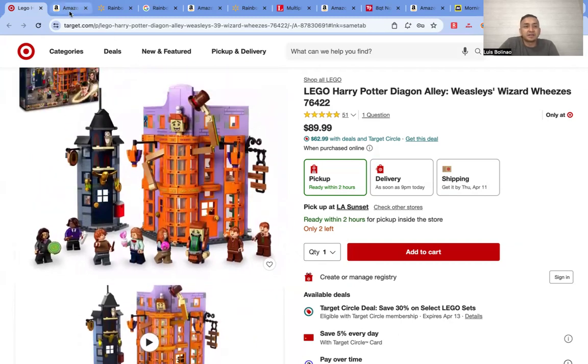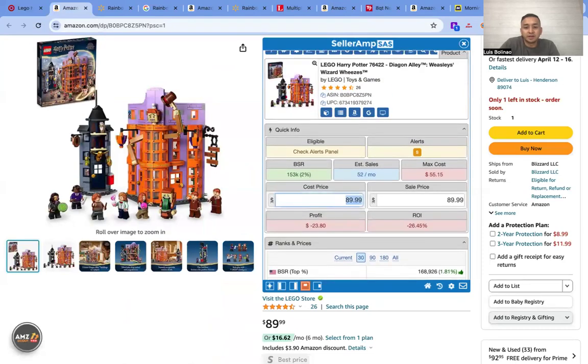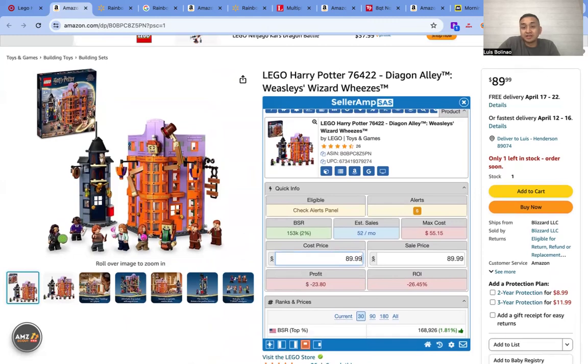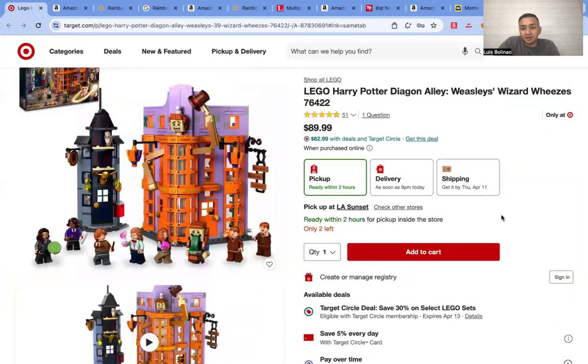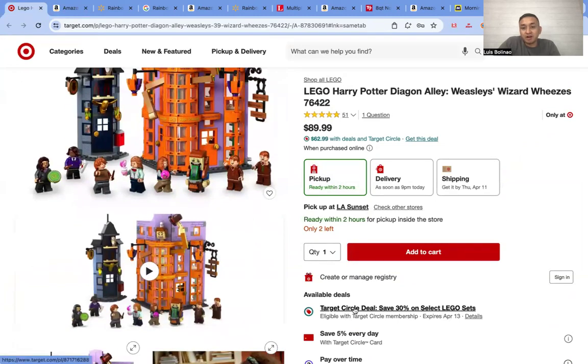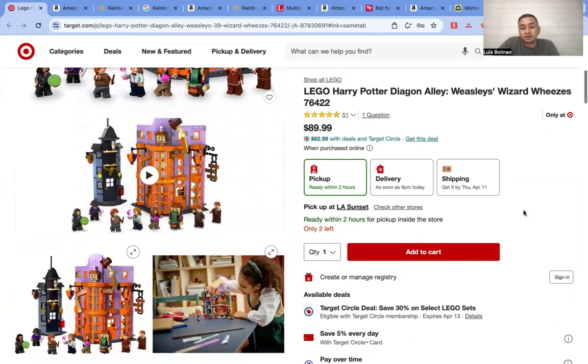So $89.99, right? Plug it here. Selling price on Amazon is also $89.99. But we're getting an additional 30% off right there. So Target Circle deals take 30% off select Lego sets. So 30% from here, and then 5% if you get the Target card.